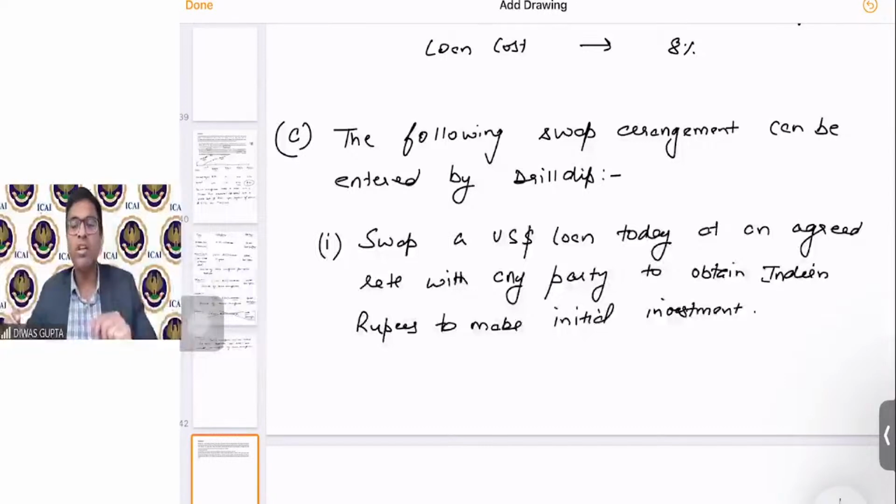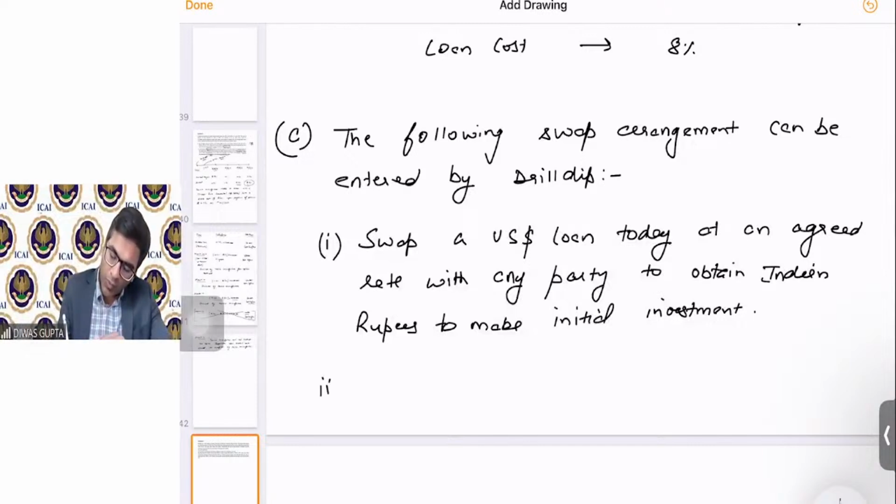So we will borrow that amount, give it for swapping purposes, get INR rupees, and invest those INR rupees in the drilling project. What will happen 1 year from now? 1 year from now, we will swap back the INR rupees at $1 is equal to 50, correct? And we will get the US dollars. Using that, we will repay our loan.